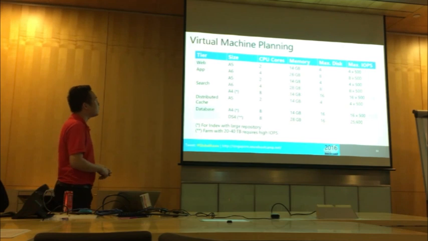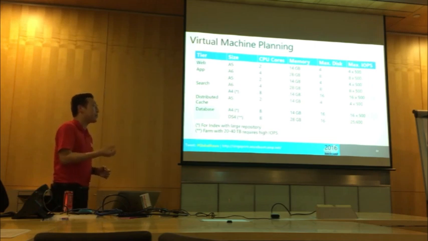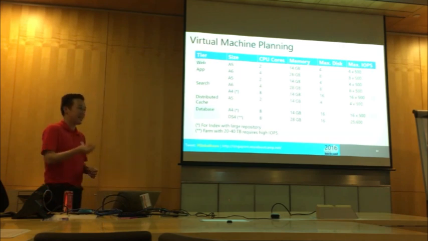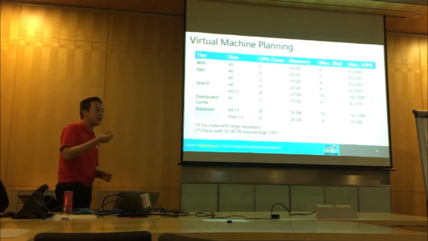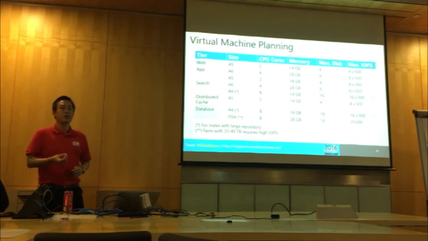So let's say for the web front-end server, A5 is recommended. This is just my proposal, but it depends on your sizing and a number of different factors, for example, requests per second, the peak hour, the number of users in a peak hour, and so on.